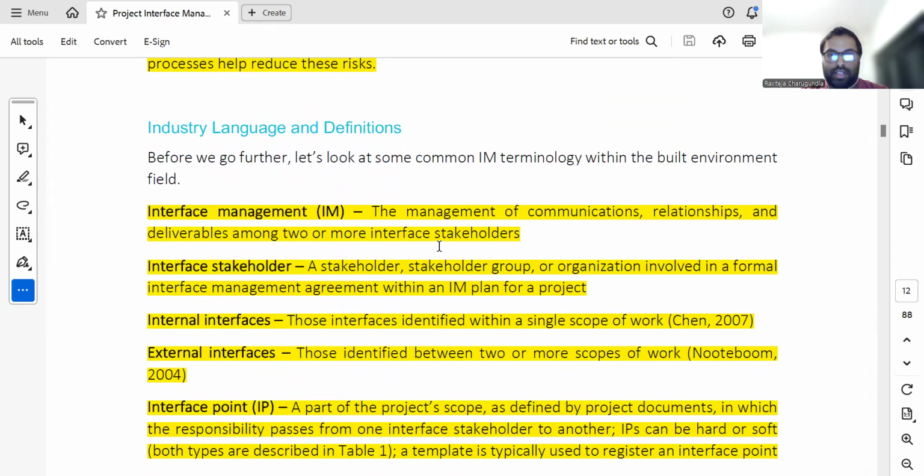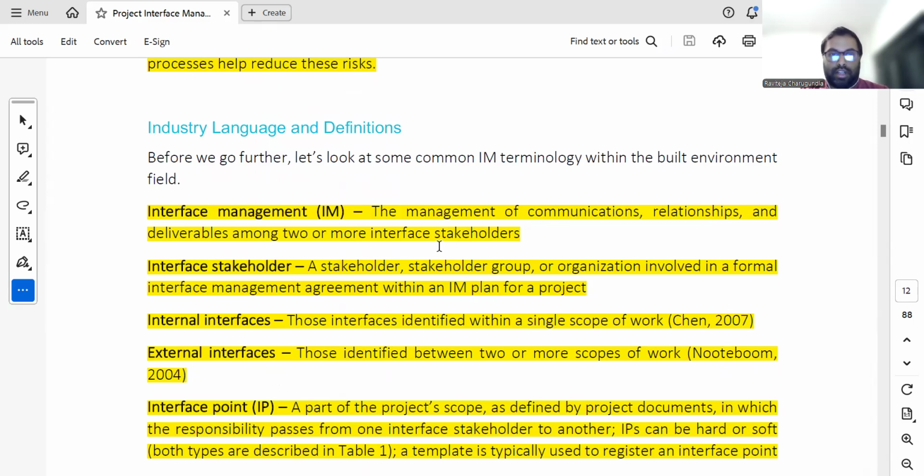The stakeholder is the one who has the responsibilities and the communication to oversee the project criteria, and who is actively involved in the project. We call them an interface stakeholder.